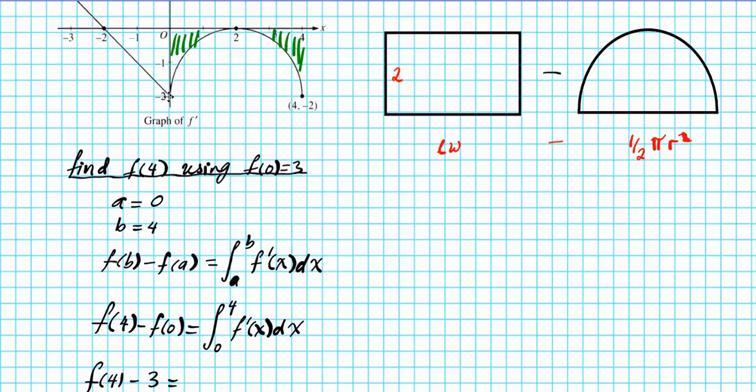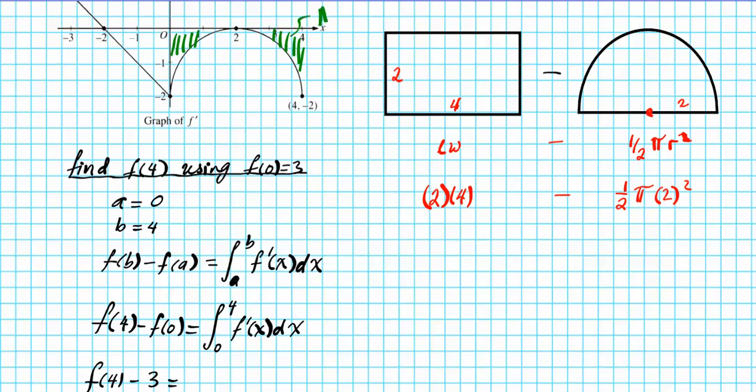So we have 2 by 1, 2, 3, 4. 2 by 4. Okay, so the area is going to be 2 times 4 minus, what's the radius of the semicircle? The radius is 2, so it's going to be 1/2 pi 2 squared.